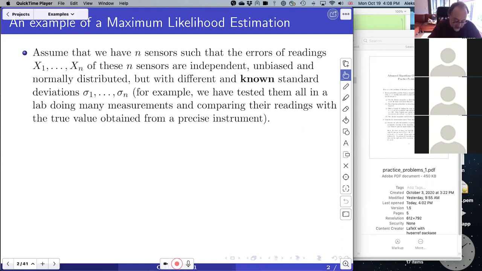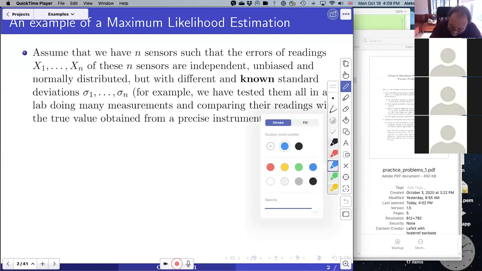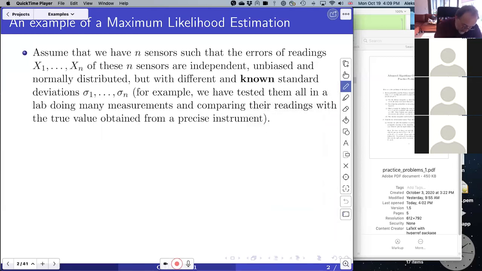And say you tested with 100 different voltages, and for each of them you computed its variance. How would you compute it? Well, of course, it's the empirical variance, an approximation of the true variance.